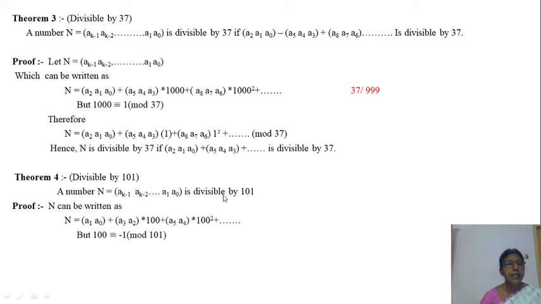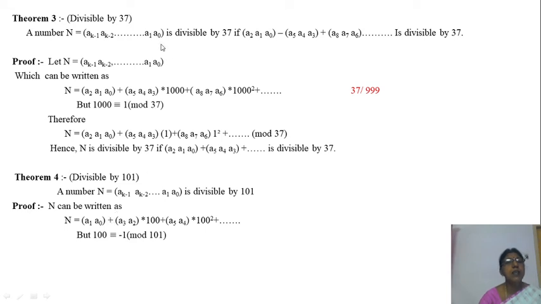Similarly, see the next one, divisibility by 101. Like the previous theorems, the same number n is a(k-1), a(k-2), ..., a1 a0. This is the given number. We are going to show when it is divisible by 101. n is written as 2-digit bunches.